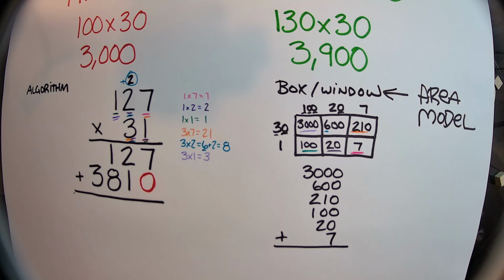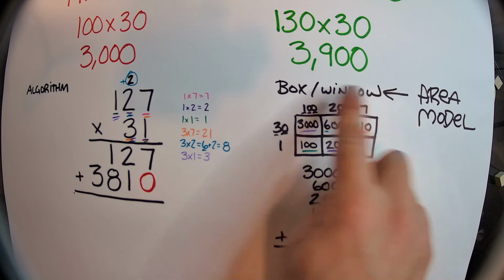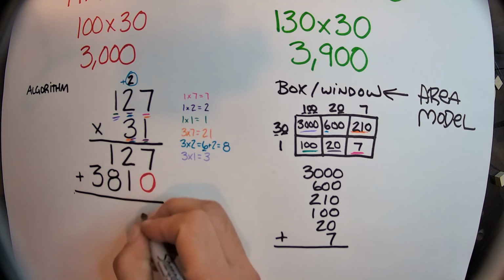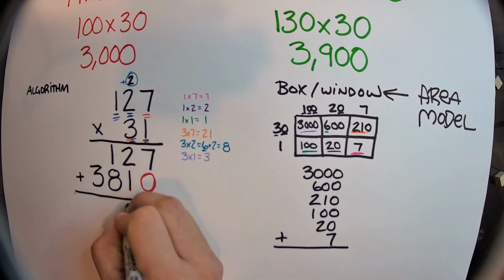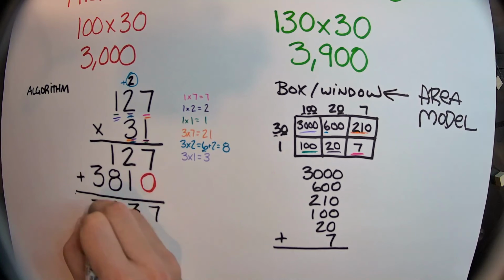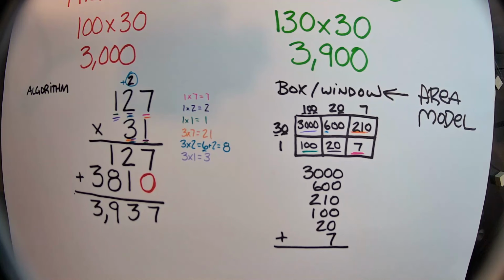Okay? So the only thing that we're missing is we don't see that 8. So we're going to go ahead and add these up now on both sides. 7 plus 0, 7. 2 plus 1 is 3. 8 plus 1 is 9. 3 plus nothing is 3. 3,937.